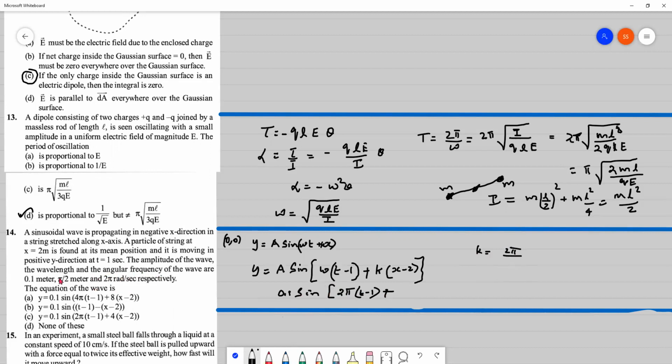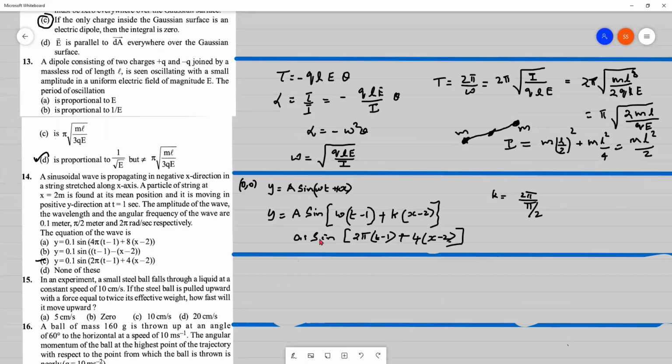Lambda, the wavelength, is given to be pi by 2. So this will be 4, so 4 times x minus 2. That will be the answer for this. So this answer is 2 pi t minus 1 plus 4 times x minus 2. So this should be the answer.